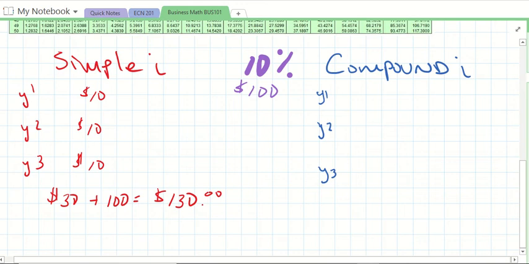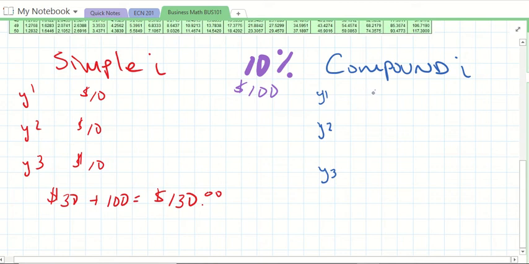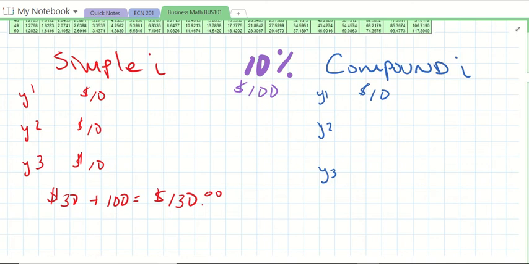Okay, now compounding is a little bit different. In compounding interest, we earn 10% on year 1. So what is our principal? Our principal is $100. So in year 1, we earn $10, because we have $100. Now, in compounding, it doesn't take the 10% from the original principal.